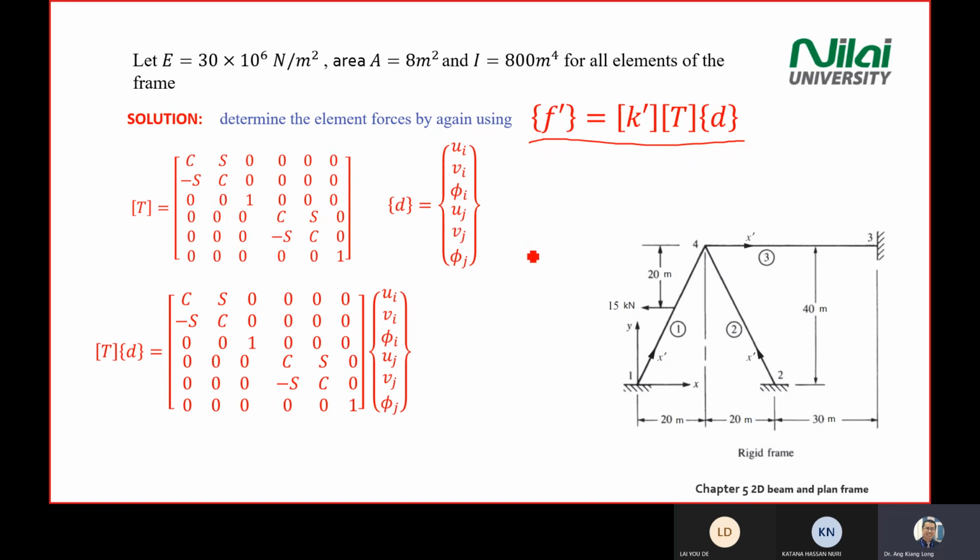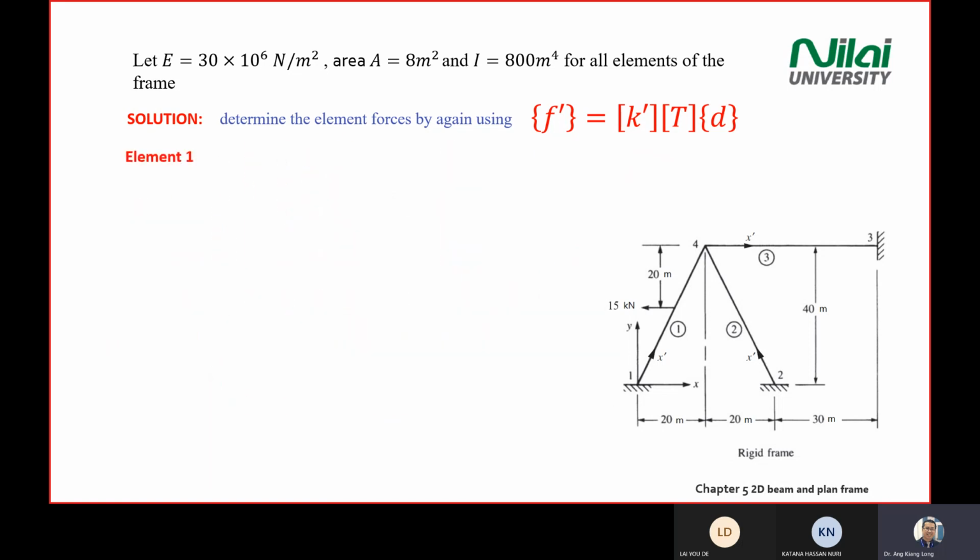Then below the website, you have the product of T times D. Then you import into matrix A again. Then you key in the K prime value, the K prime matrix that you calculated from the 5 equations. Then you press the multiplication product. You're able to find the answer. Okay.